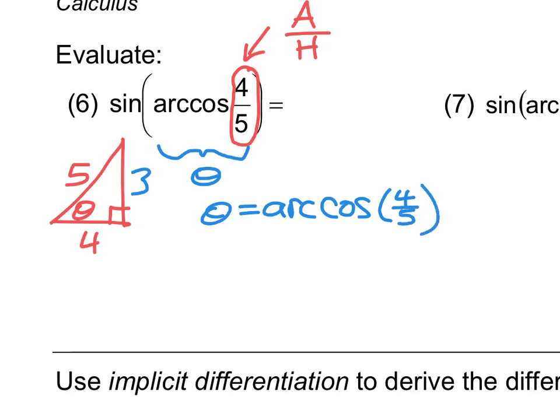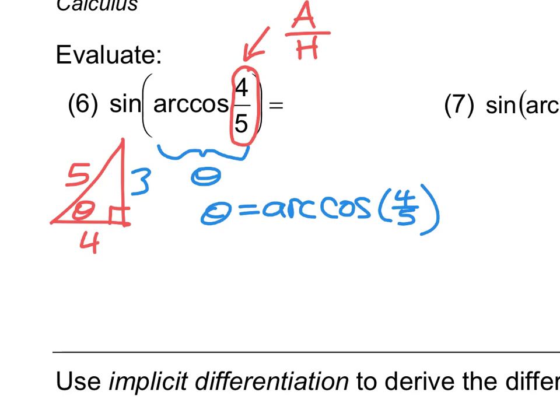You could always represent an angle as an inverse trig function of some ratio. So instead of writing 60 degrees, I could write arc cosine of 1/2. You could always write it as an inverse trig function. So that triangle essentially represents the arc cosine of 4/5.